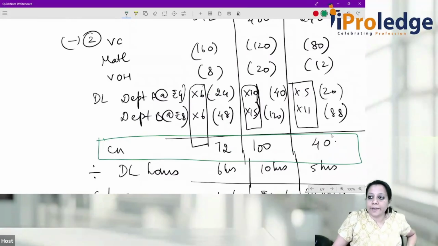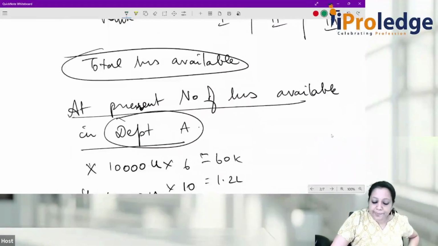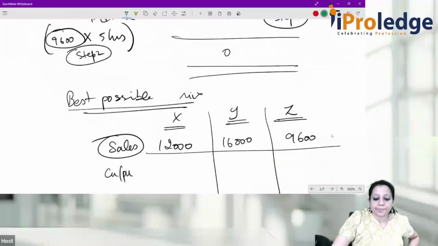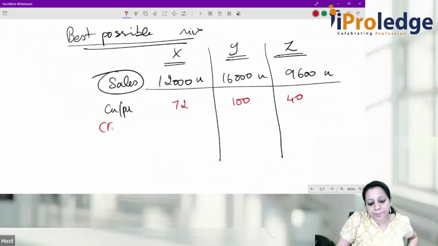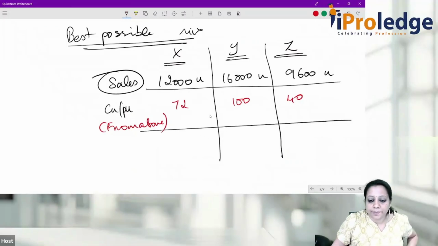So 70 to 140. If you think you will get confused, you write these are all units. 70 to 140 from above.